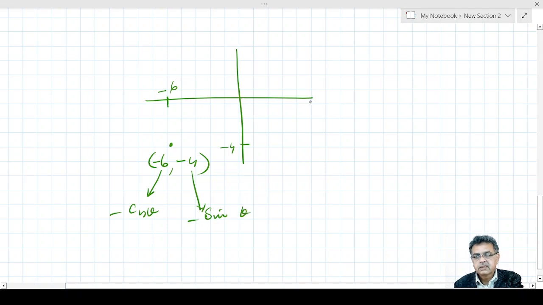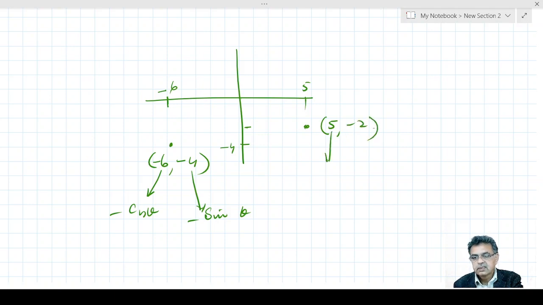If there is a point here in the fourth quadrant, and its coordinates are, let's say, 5 and -2, then the x coordinate is positive, that means cos theta is positive. Y is negative, that means sin theta is negative.